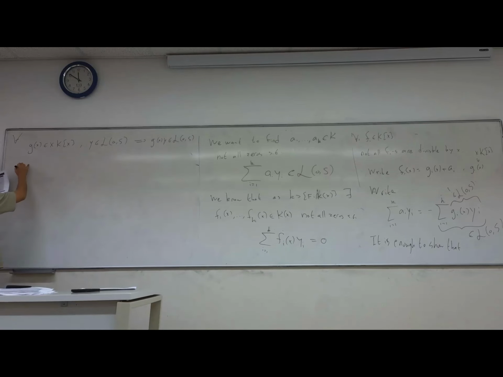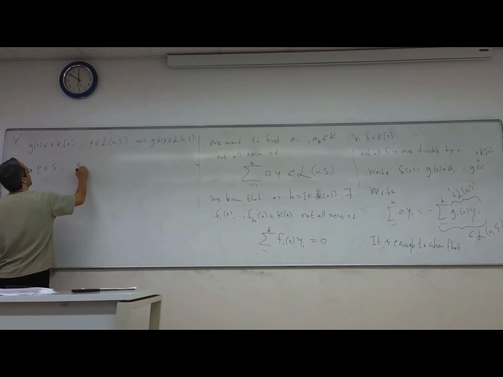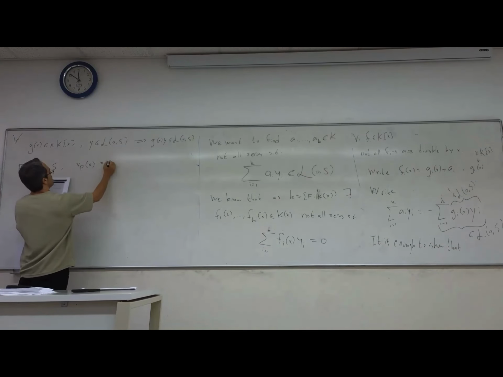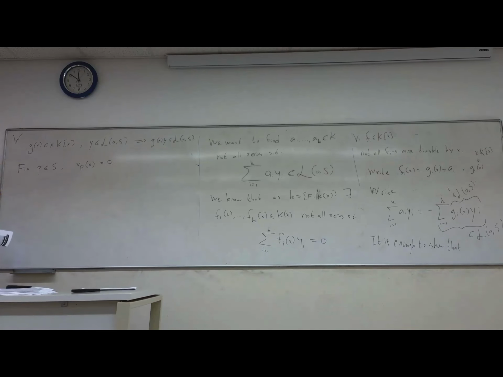Okay, so let's see. So, you have this S thingy. So let's do prime divisor by prime divisor. So let's fix P in S. And we know that v_P(x) is larger than 0. And I forgot why really at this point. Why? I don't remember what is x at this point. So I ask, why is this true?